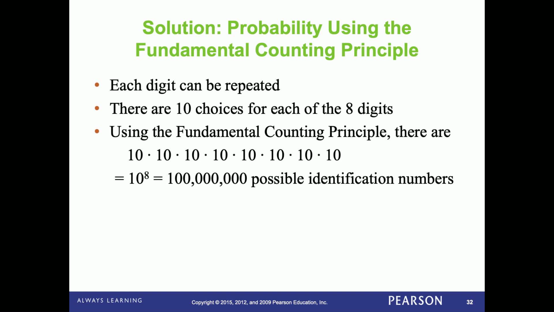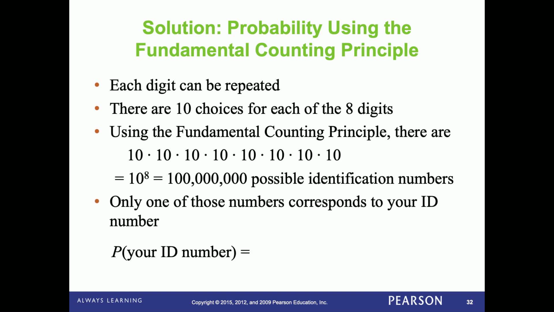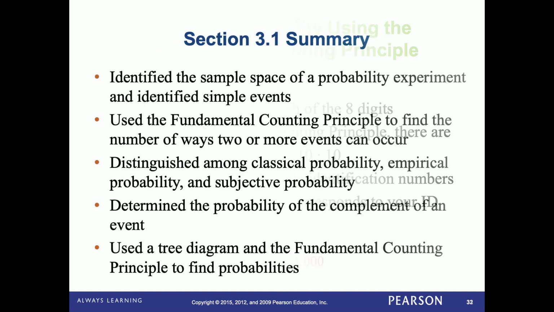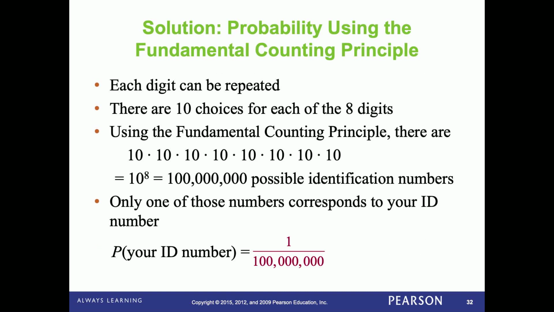So there are 100 million different possibilities when using 0 through 9 eight times. That's a lot of different possibilities. Only one of these numbers corresponds to your ID, so the probability of your ID is 1 over 100 million, which is so small.